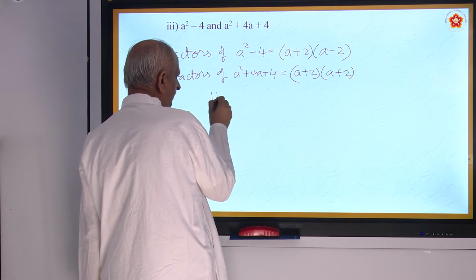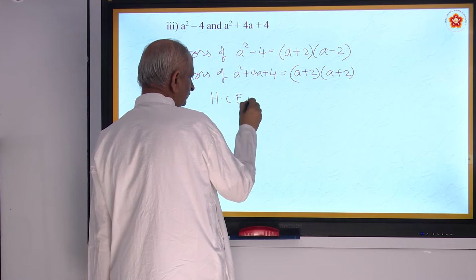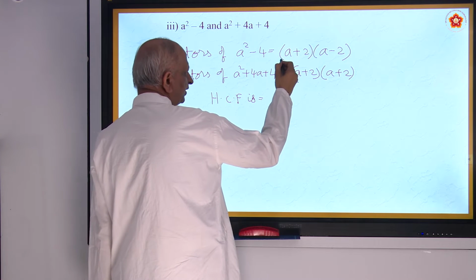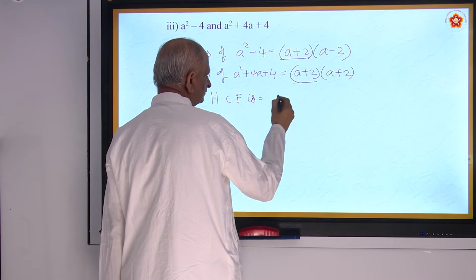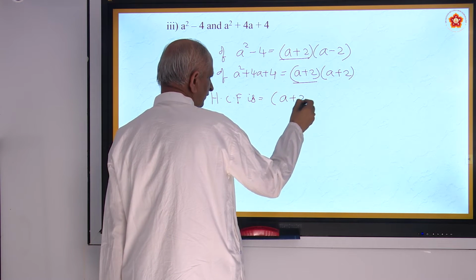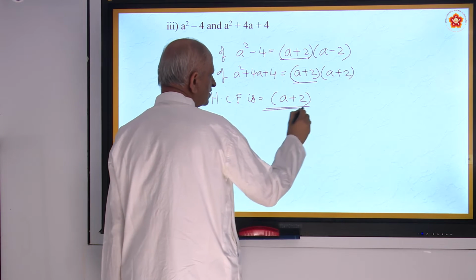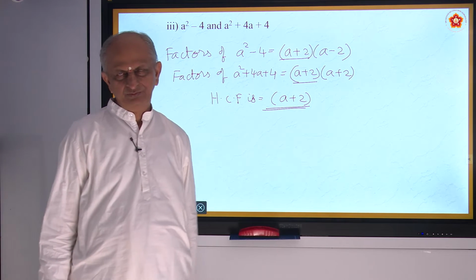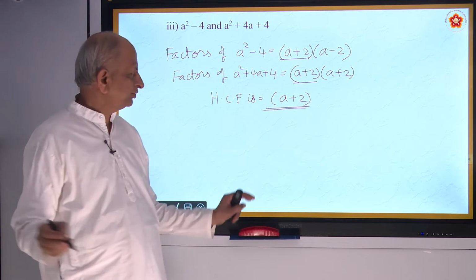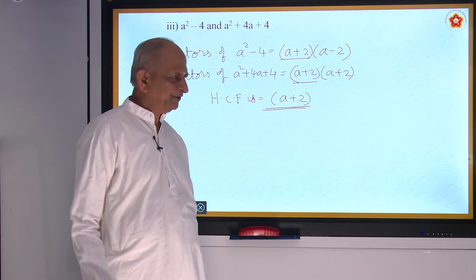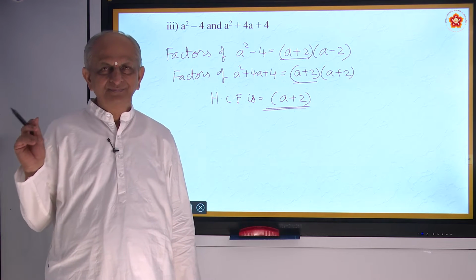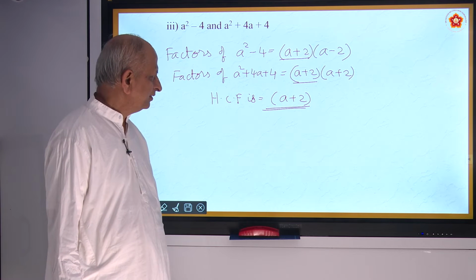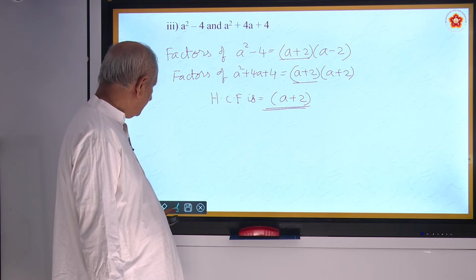So HCF becomes, see, a plus 2 is common here, right? Any other common? No. Here it is a minus 2, here it is a plus 2, so it is not common. So only one thing, that is a plus 2. Very simple problem. It may be 1 mark, maximum 2 marks. Okay. Shall we go to the next one?